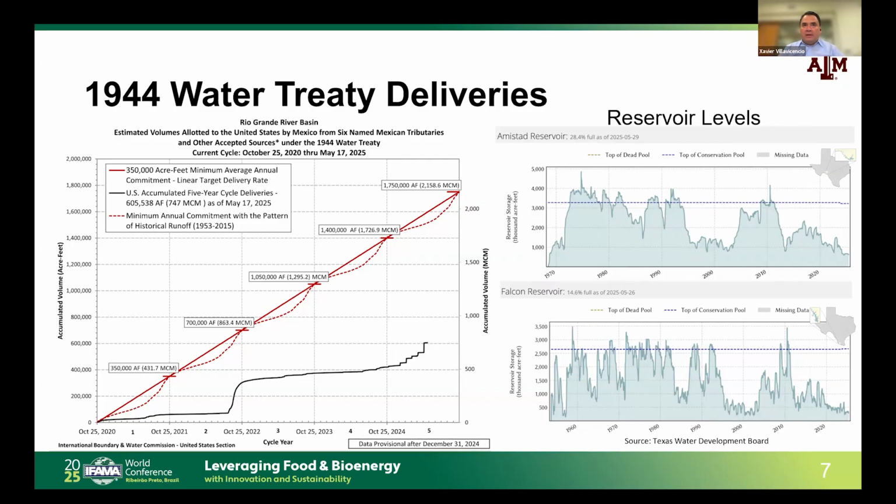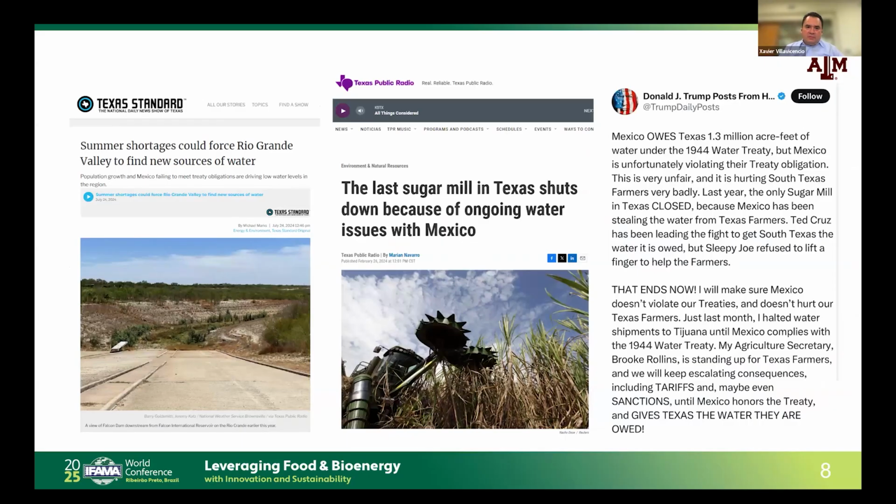The farmers must decide: am I going to keep growing this crop, or do I have to switch to another kind of crop? The decision also takes into account whether I can grow any crop with irrigation water or with no irrigation water. The most shocking case in this area is what happened with the sugarcane.